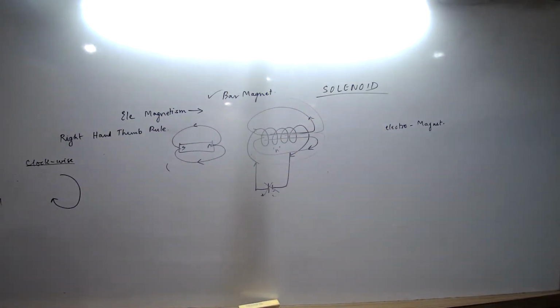Let's read about the solenoid. Don't get distracted. Okay, can you read that? Magnetic field due to a current in a solenoid.